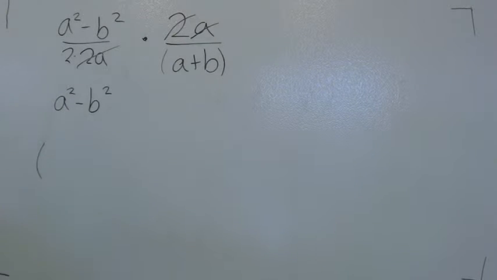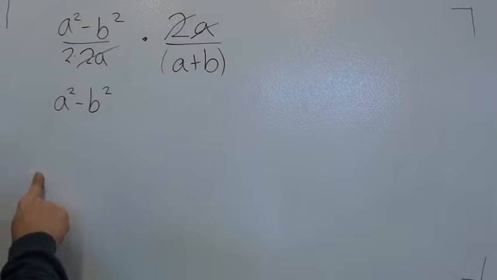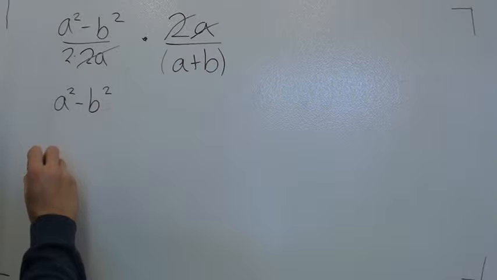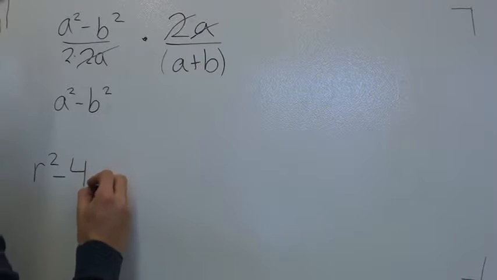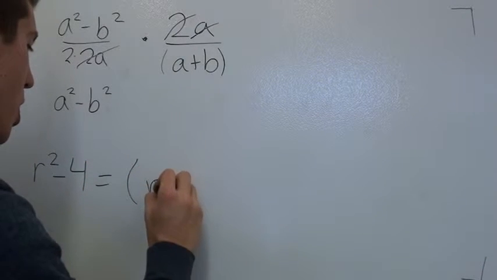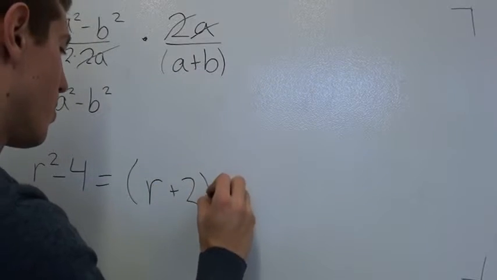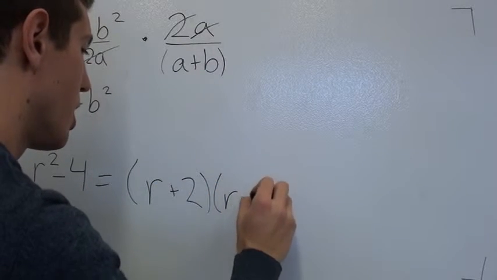We're going to go back a couple problems. We had r squared minus 4. Right? We know that we can factor that to an r plus 2 and an r minus 2.